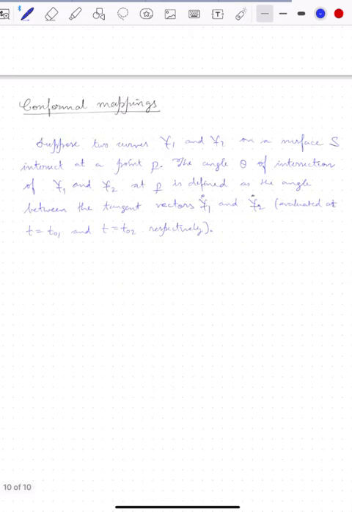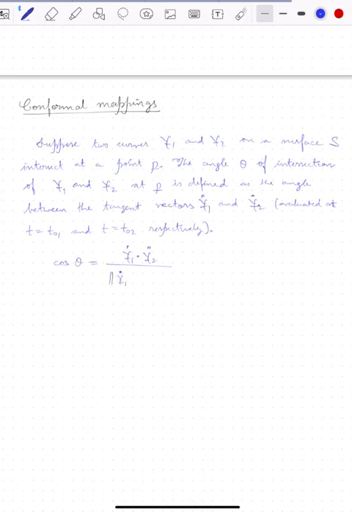Right. So we know about the dot product form, that if there is an angle theta between two vectors which happen to intersect, then cos theta is given as their dot product, gamma 1 dot, gamma 2 dot, divided by the product of their norms.